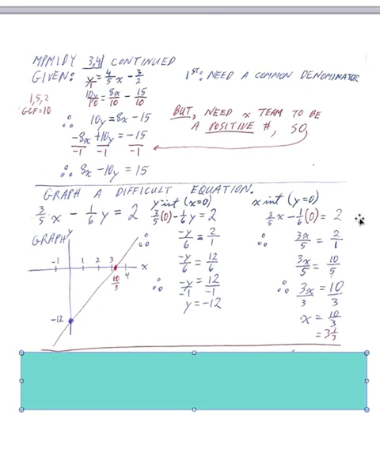On the x-intercept side, I'm going to let y be 0. What does that do for me? Well, 1/6 times 0, gone. So now I can concentrate only on the x term. Again, I need a common denominator. Once I have the common denominator, I have 3x equals 10. I'm going to divide both sides by the 3 so that I get x equals 10 over 3.